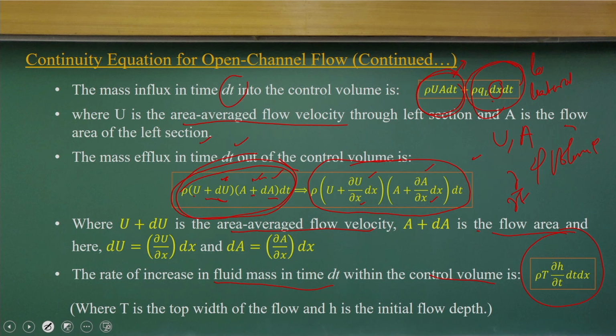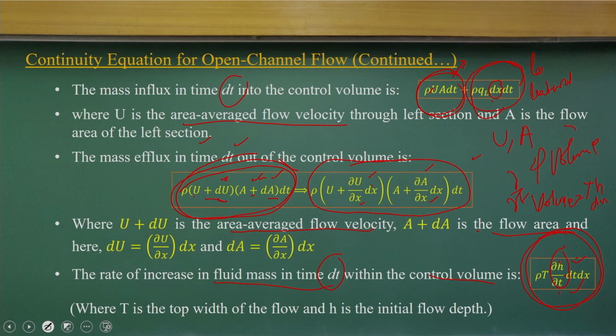In this case the volume is the top width, h, and delta x. As h is varying with respect to time, the delta by delta t component is there. That's the rate of change of the fluid mass in delta t time. So I know the influx, I know the outflux, I know the change.